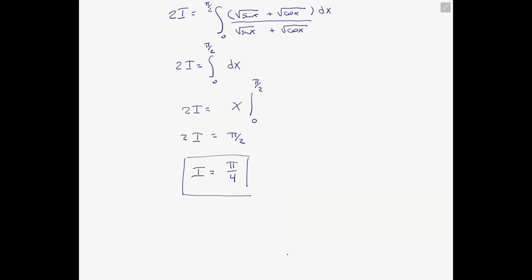And so the solution to that integral I is pi on 4. And that's what we've been working towards. And that's a trivial solution.